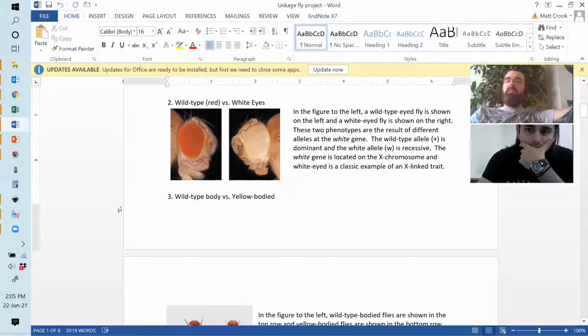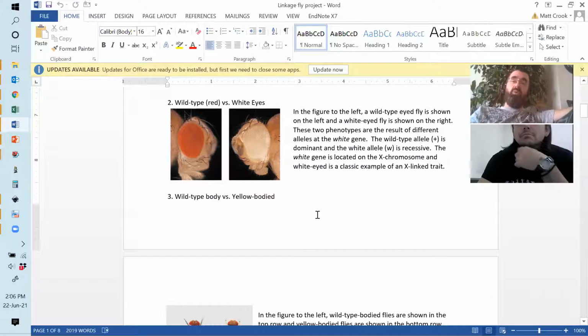One is eye color. Normally wild type flies have red eyes. If you catch any in your kitchen hovering around your trash can, they will have red eyes, guaranteed. Almost, pretty sure they will.